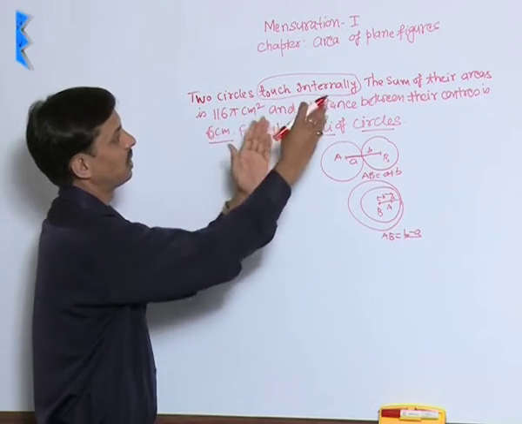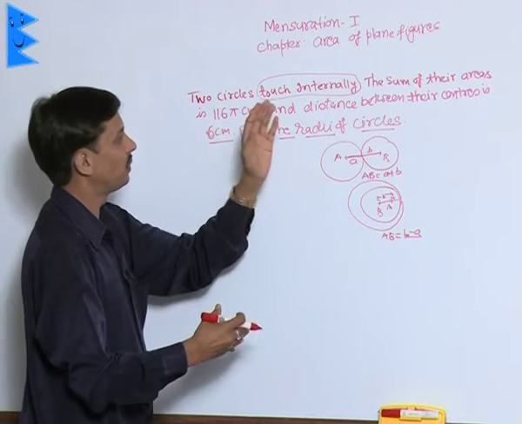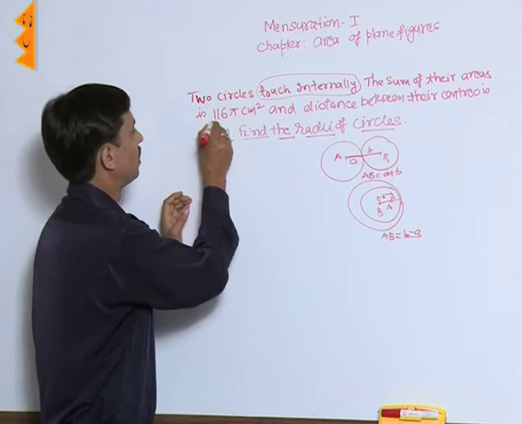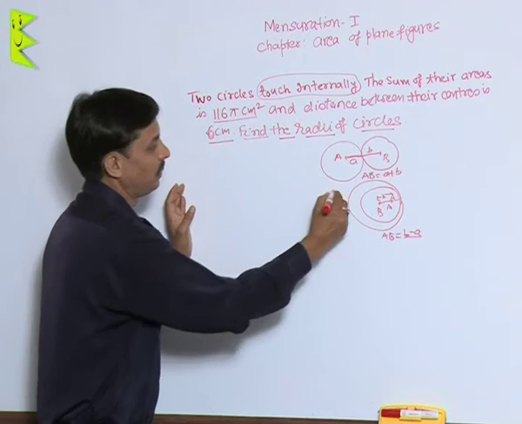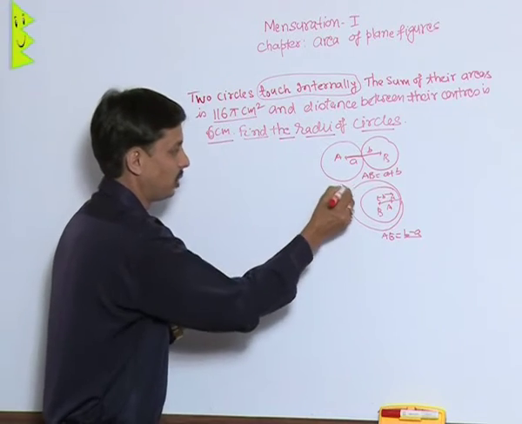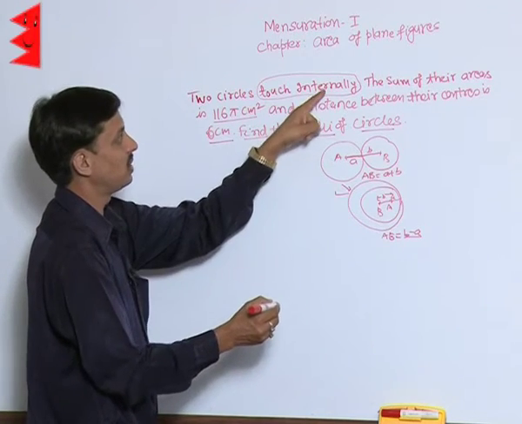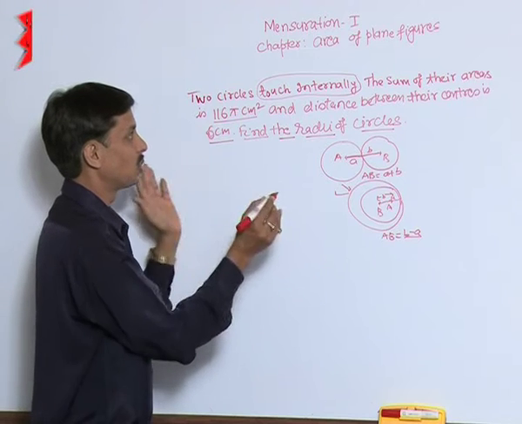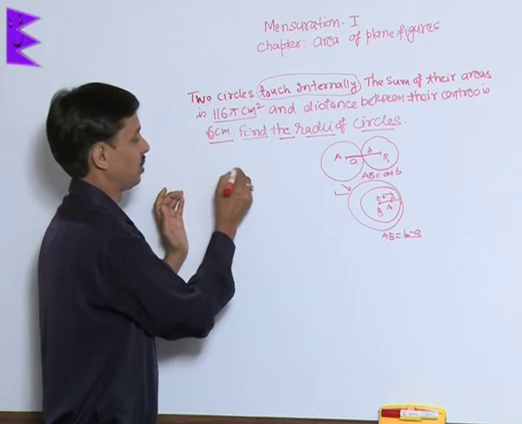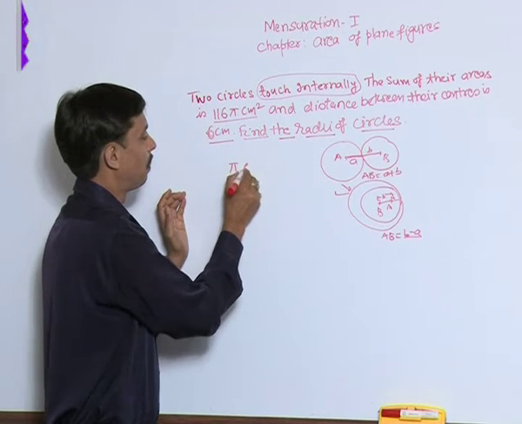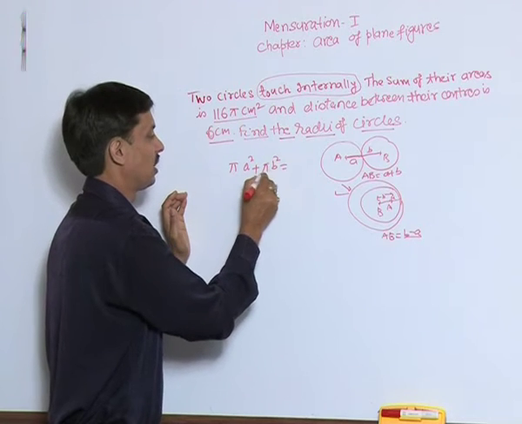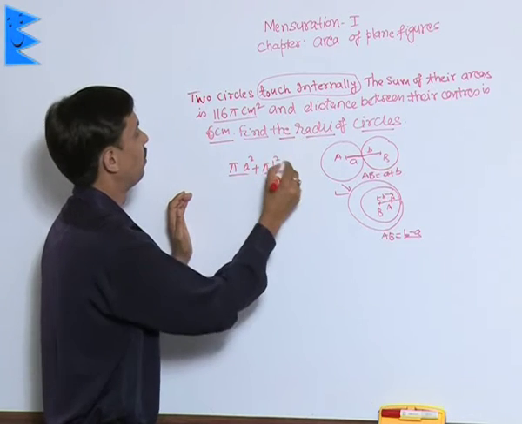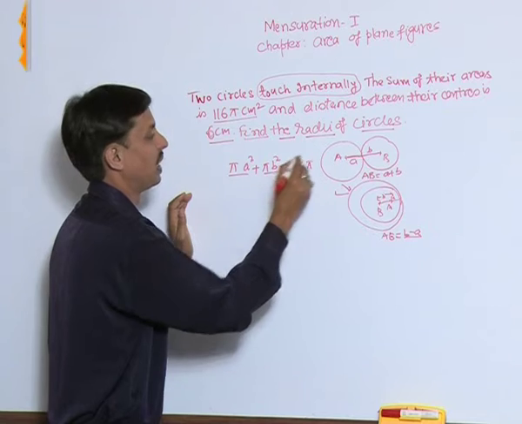Now, two circles touch internally, the sum of their areas is 116 pi centimeter square. In this case I am taking this figure, the reason being the word written is touching internally. So the area of one circle is pi A square, of the other circle pi B square, and their sum is given as 116 pi.